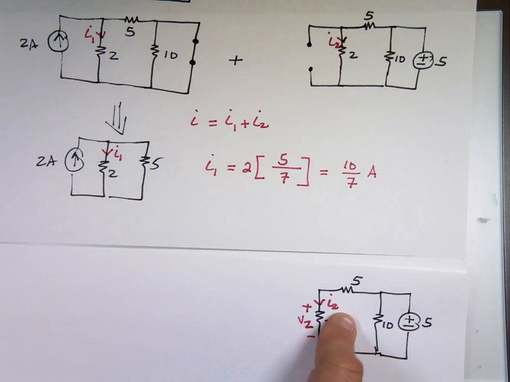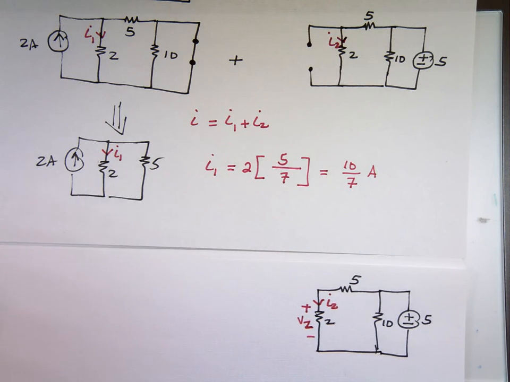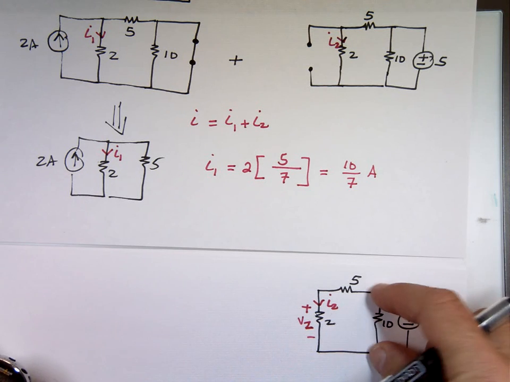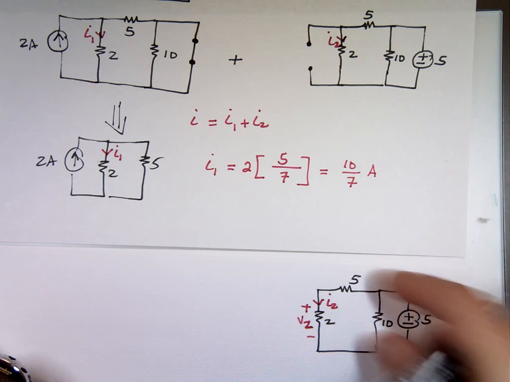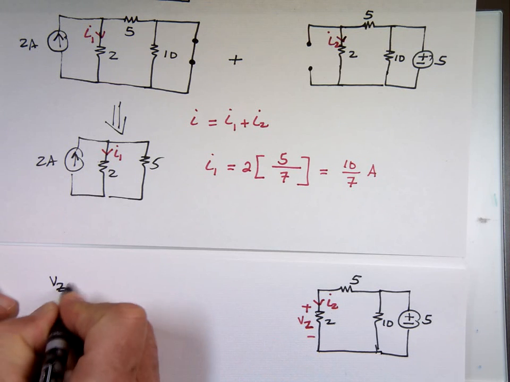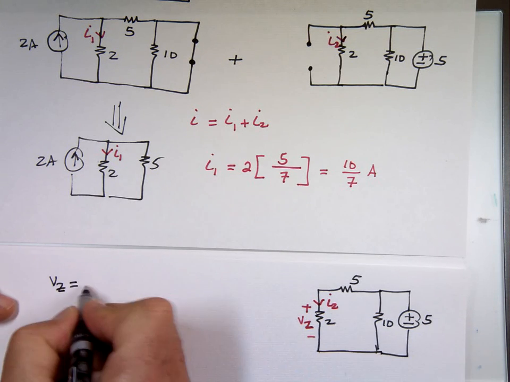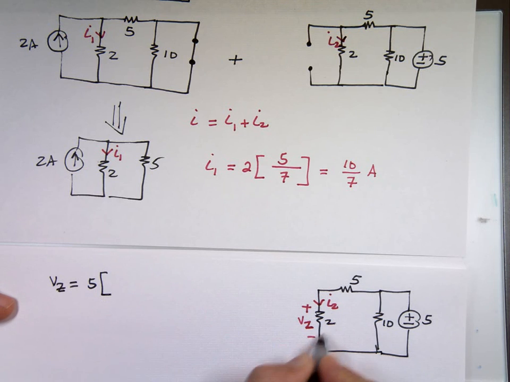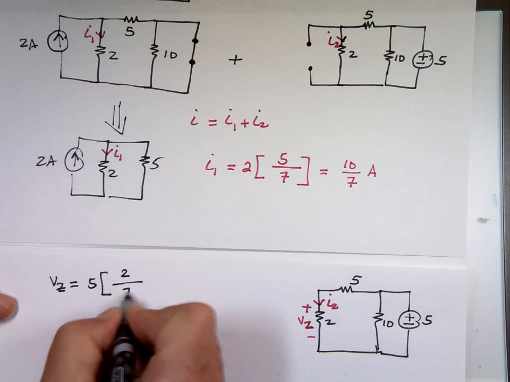If I know that voltage, can I find what that current is? Ohm's law, right? Well, how do we find what that voltage is? Voltage division. There's 5 volts right here. These two are in parallel. So VZ is going to be the voltage here, which is the 5, times that resistor, which is 2, over the sum of them, which is 7.